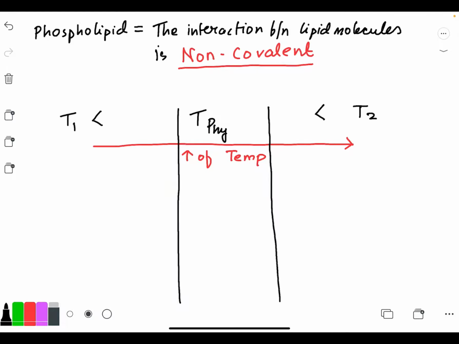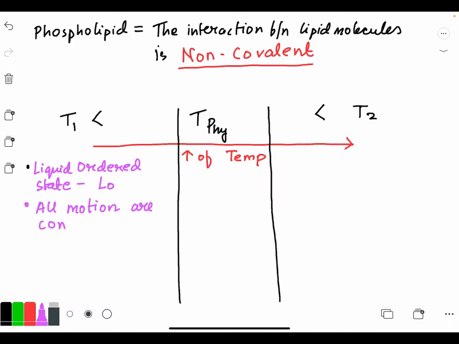Now if the temperature is less than physiological temperature, then the plasma membrane exists in a liquid ordered state, right? Liquid ordered state or Lo state, where all motions, that includes the lateral motion in the same plane of the lipid bilayer, are constrained.